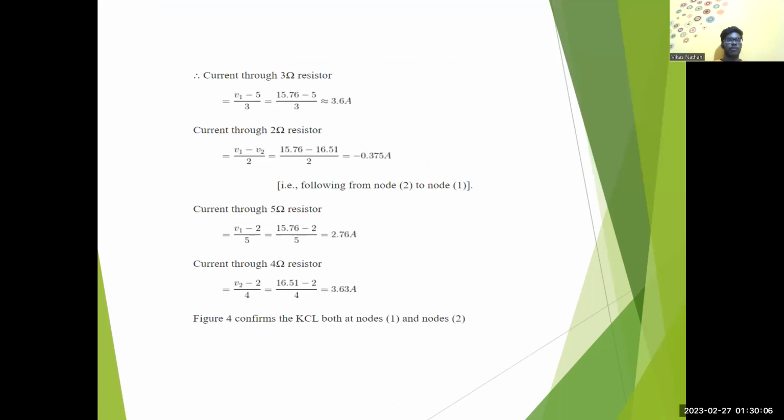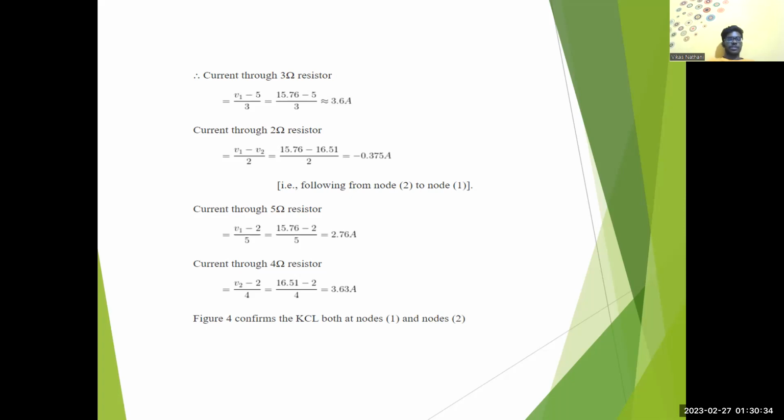Current through the 3 ohm resistor equals (V1 minus 5) by 3, equals (15.76 minus 5) by 3, equals 3.6 amperes. Current through the 2 ohm resistor, (V1 minus V2) by 2, equals (15.76 minus 16.51) by 2, equals minus 0.375 amp, that is flowing from node 2 to node 1.